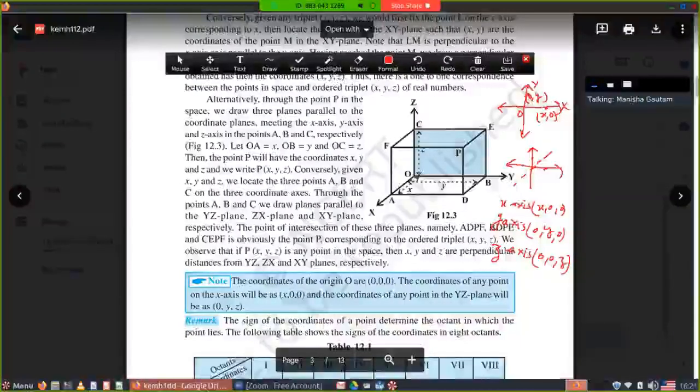If the point is lying on the xy plane, it means x and y both will be there, z will be equal to 0. If the point is lying in the yz plane, then y and z will be there and x will be equal to 0.